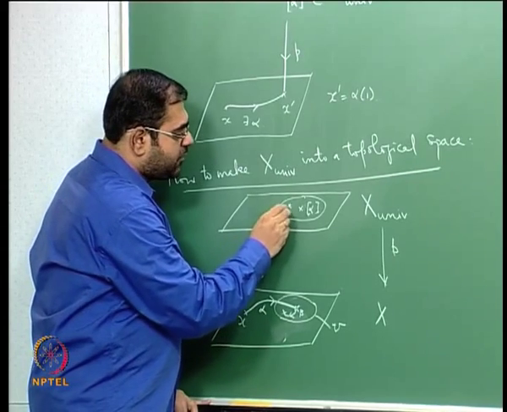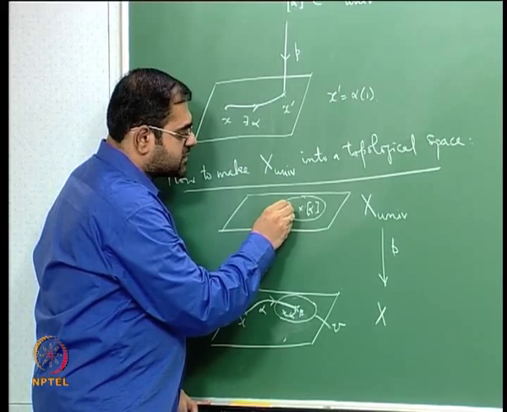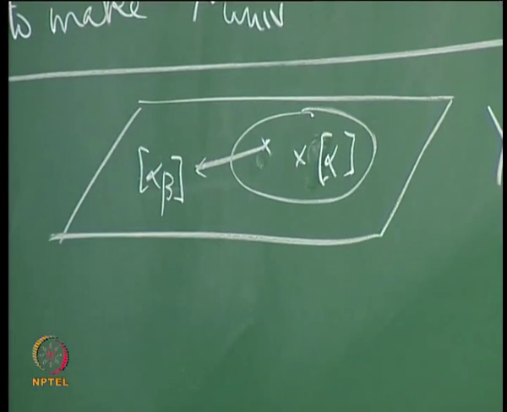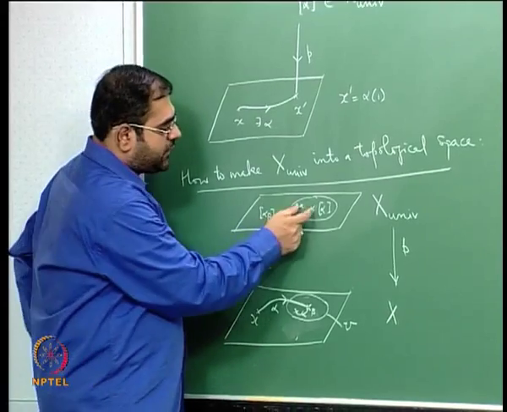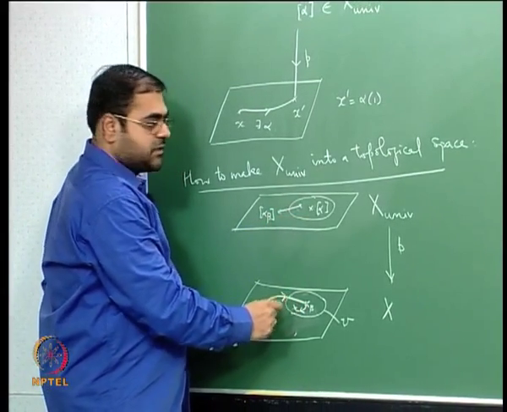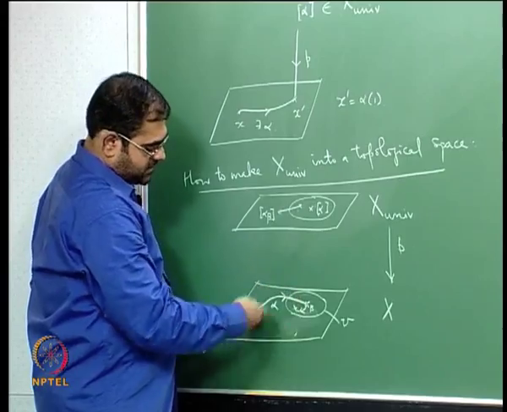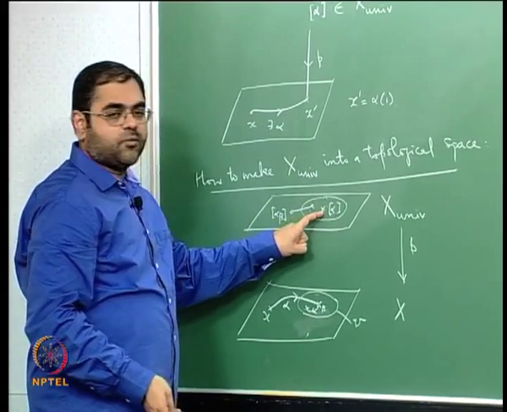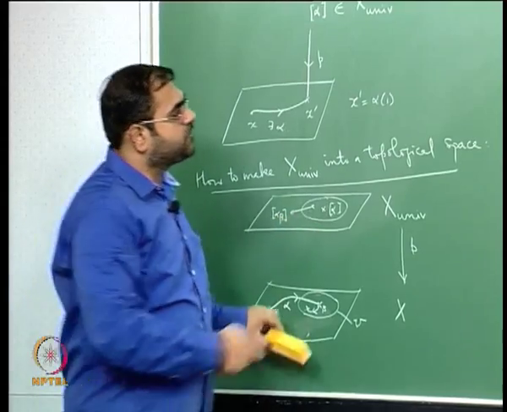Then that will give me the point above, namely alpha followed by beta. By continuity you want nearby points to go to nearby points. So based on this idea, we define an open neighbourhood of alpha in the following way.